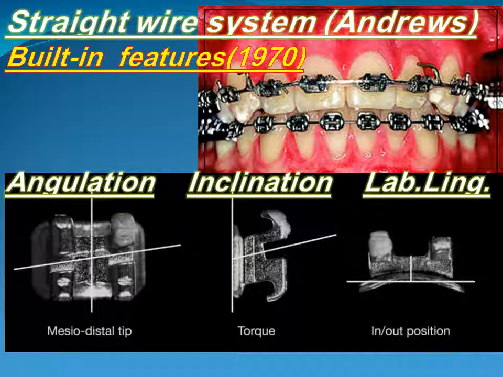To overcome the common disadvantages of these initial orthodontic appliances, Andrews in 1970 discovered the straight wire appliance, also called Andrew appliance. Andrews at that time found that the brackets itself can be used to determine the final tooth position rather than by depending on the wire bending, by saving the informations or the biomechanical information within the brackets itself.